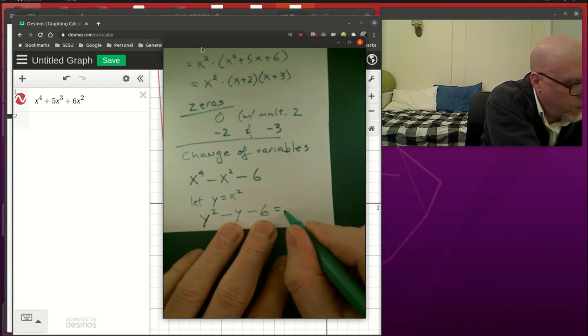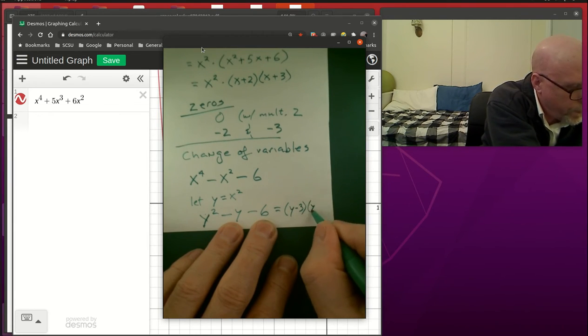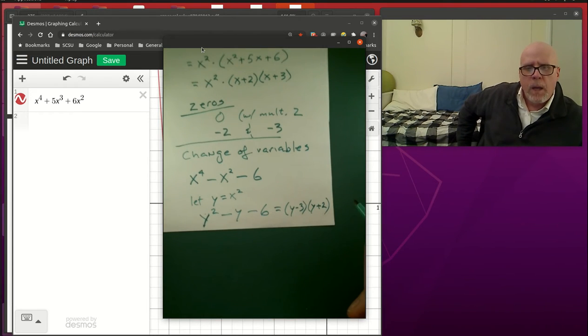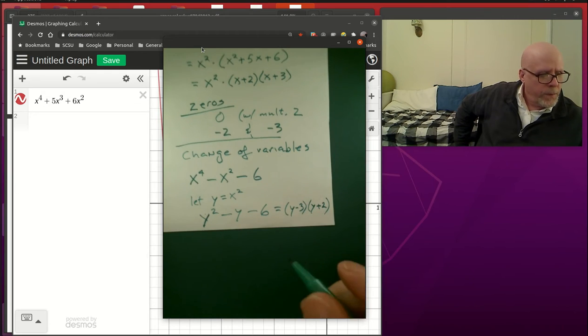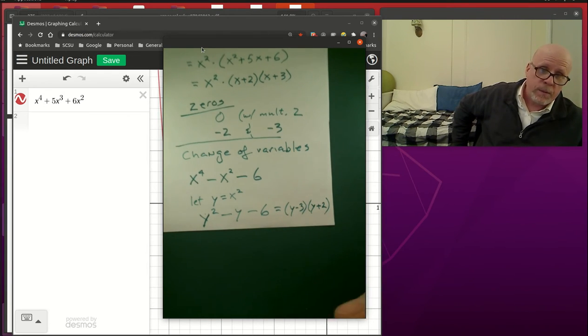That'll be y minus 3 times y plus 2. So if this thing is supposed to be 0, that means y minus 3 is 0, or y plus 2 is 0.